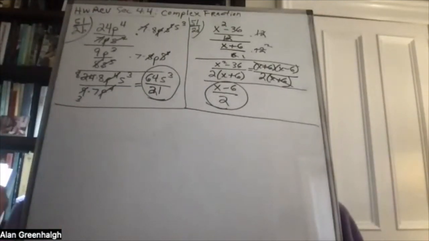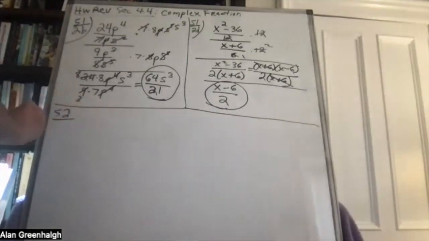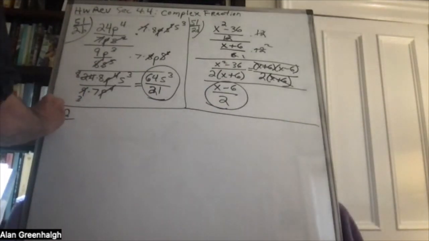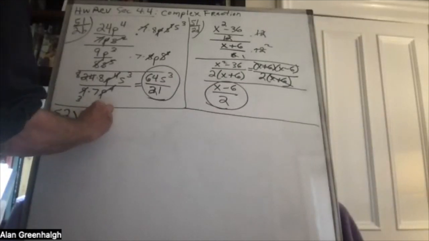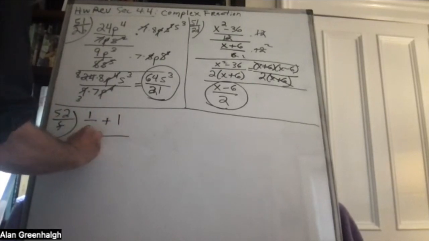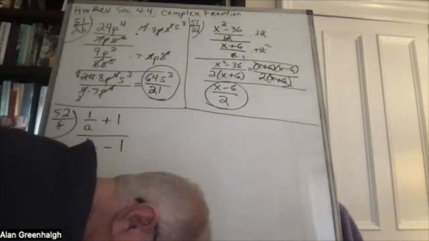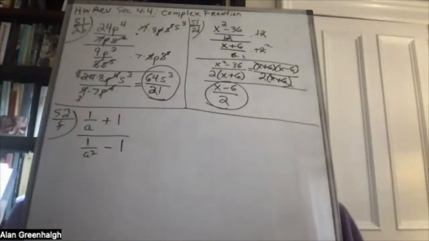Okay, so now let's go to page 52, and that's going to be problem F. So 1 over a plus 1 over 1 over a squared minus 1. This is a really, really interesting problem. But let's go about it in the same exact way that we were doing the other problems.